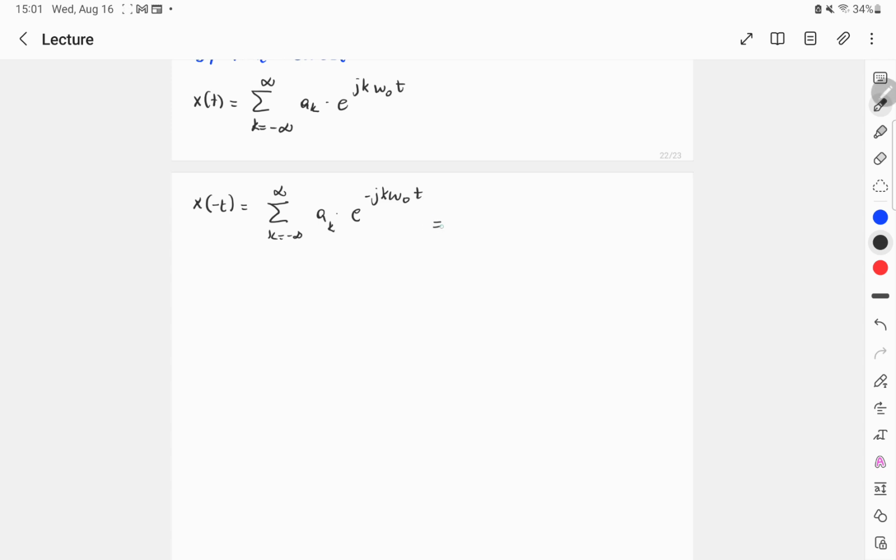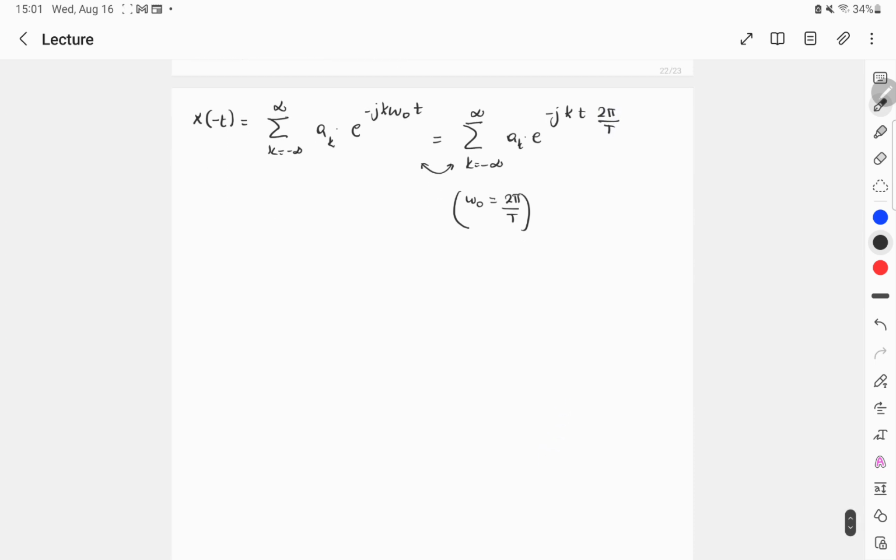And we already know that omega 0 was equal to 2 pi over capital T, which gives us the period. So it is also equal to 2 pi over T. Great.